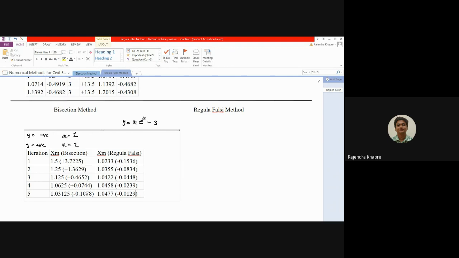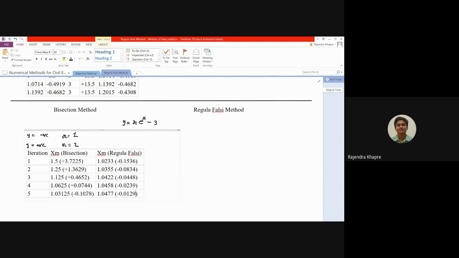So all we have to do is follow the same process, but if you use the regular Falsi equation to calculate the value of xm, it gives much better performance compared to the bisection method. After the fifth cycle, if you continue with the bisection method, you may end up with some positive value or even a negative value.